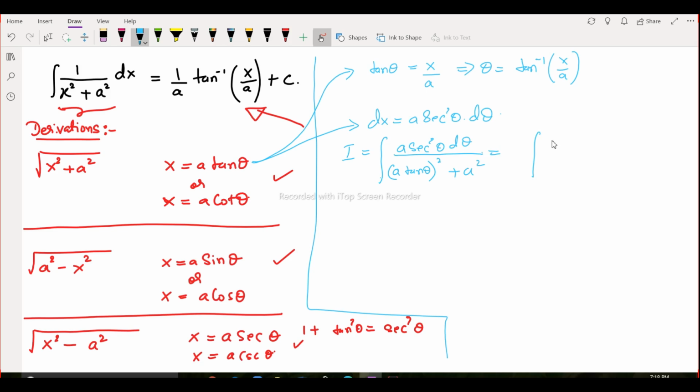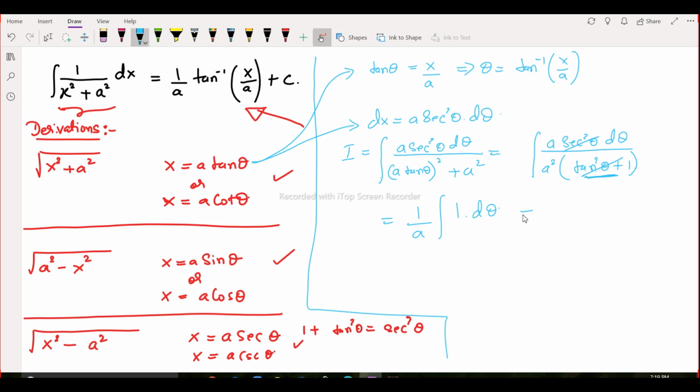Here you'll have a sec square theta d theta, and in the denominator you get a square common, and you have tan square theta plus 1. 1 plus tan square is sec square, so this gets cancelled and this will be 1 upon a. So I have 1 upon a integration 1 d theta.